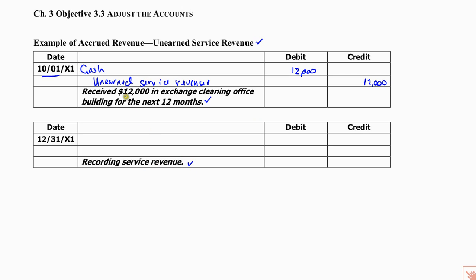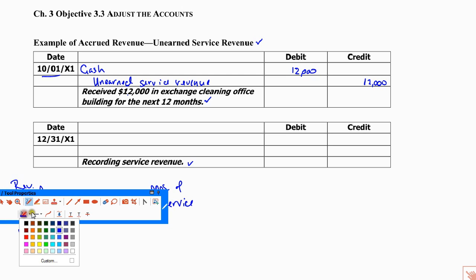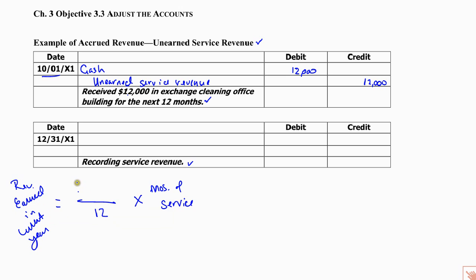Record service revenue down here. So if it's 12,000, here's the service revenue per year. This is dollars per year in contract divided by 12.